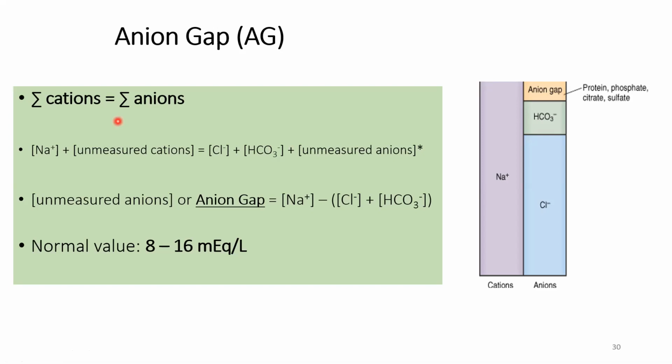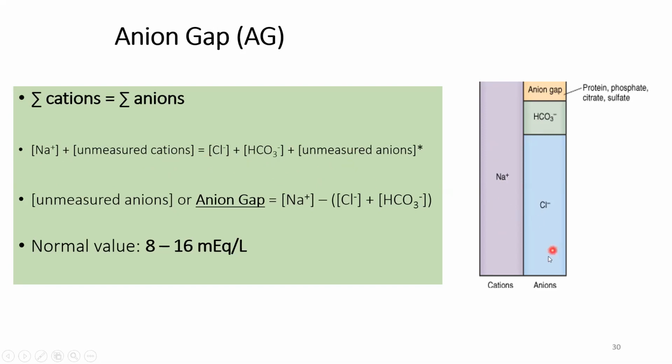We say that sodium is the main cation, and the unmeasured cations, basically potassium, calcium, and magnesium, are in small amounts and fairly constant, so we can ignore them. So sodium equals the sum of cations.